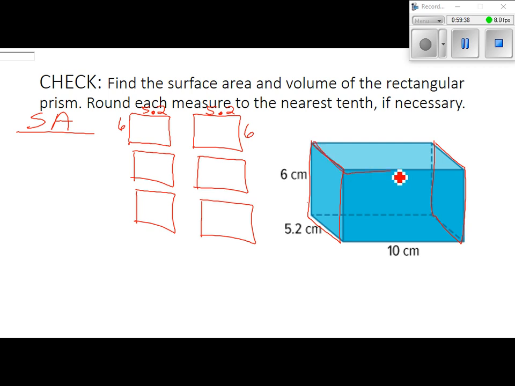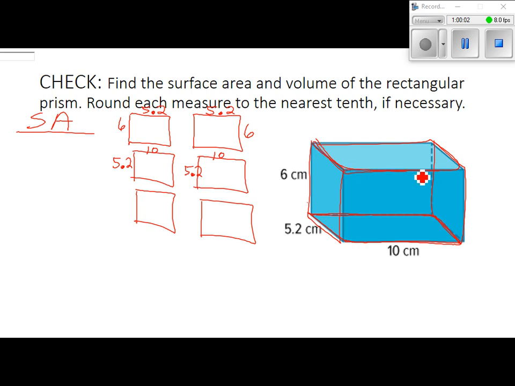Then let's do the bottom, because the numbers are on it. 5.2 is one of the sides, and 10 is the other side, so the bottom is 5.2 and 10. The top has to be the same thing.